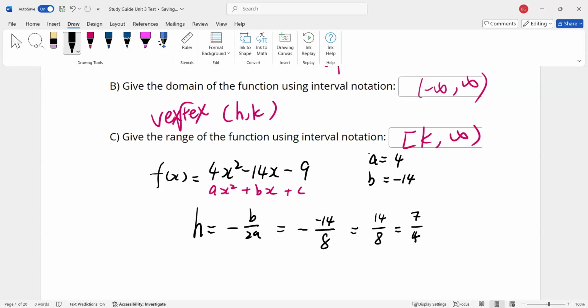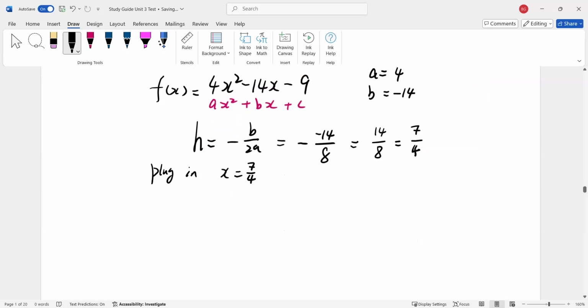And if we plug in h equals 7 over 4, or x equals 7 over 4, just a different letter, let's see what we have. y is going to be 4 times 7 over 4 to the power of 2, minus 14 times 7 over 4, minus 9. Depends on you.